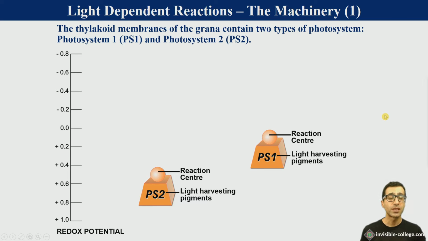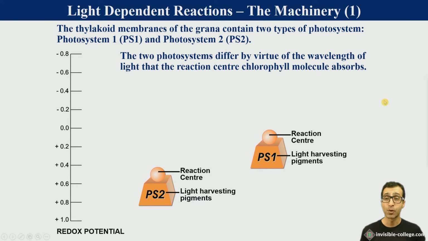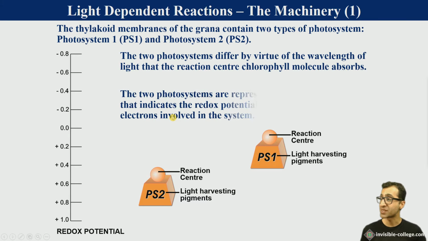The two photosystems differ because of the wavelength of light that the reaction centers of these molecules absorb. The positions of these two represent what we call the redox potential, but we can think of this simply as the energy level or the energy content of the electrons involved in those systems.